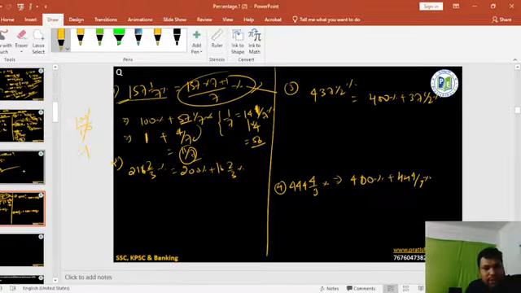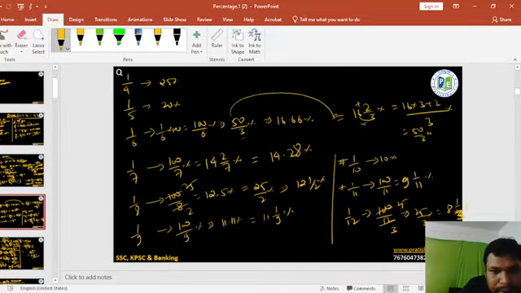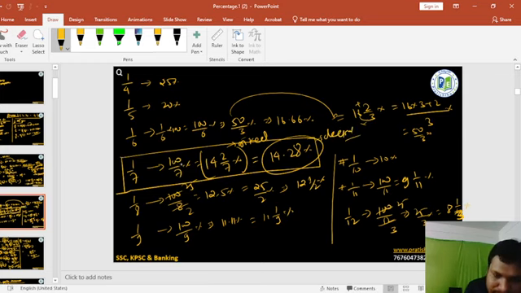1 by 7. Actually, I will show you here. I have converted 1 by 7 into mixed fraction and decimal. This is called mixed fraction. And this is called decimal. To convert 1 by 7 into percentage, you have to multiply by 100. That is 100 by 7. And how to write 100 by 7 as a mixed fraction? That is 14 is to 2 by 7.